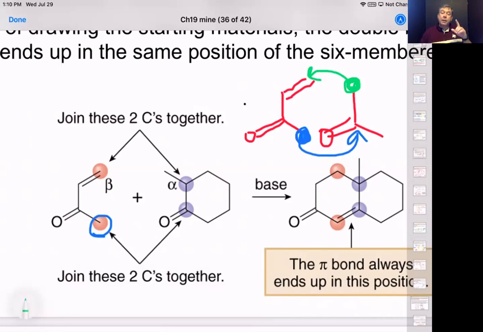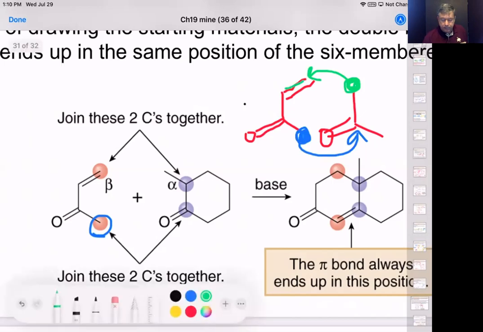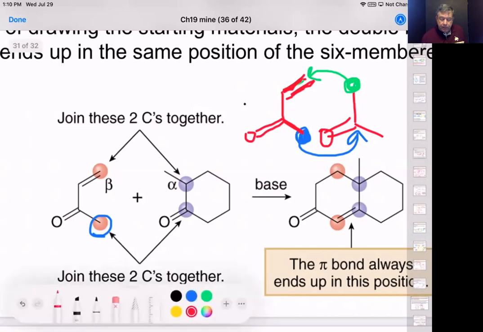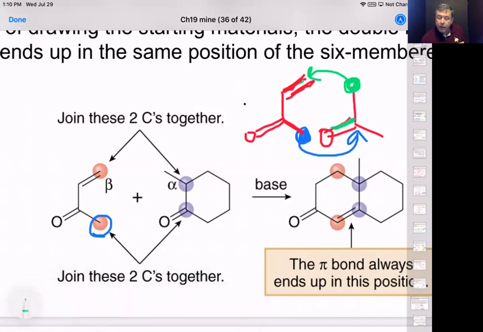So by lining them up such that you first of all have your double bond here on the same side with your methyl portion of your ketone or your other non-conjugated portion of your ketone, and then line it up so that the carbonyl of the compound you're about to make the initial enolate out of is pointed in the same direction here, you will always make a 6-membered ring.